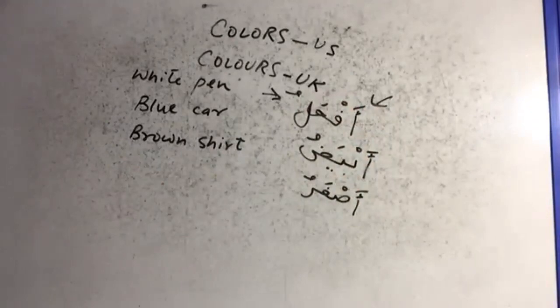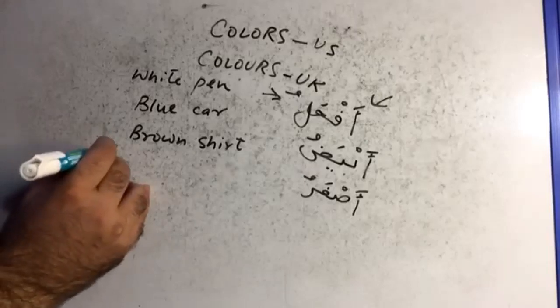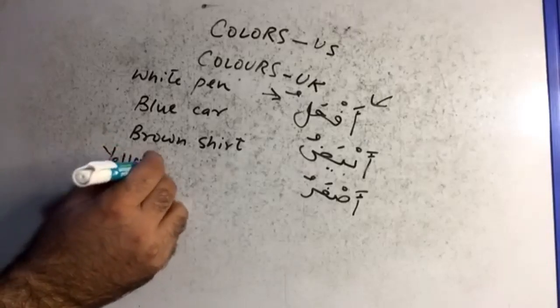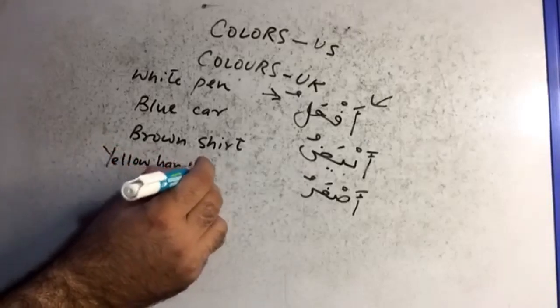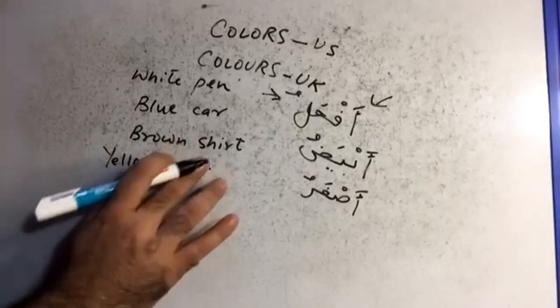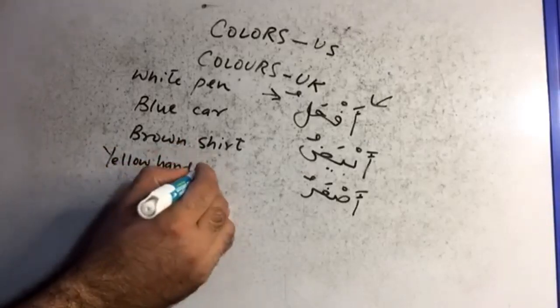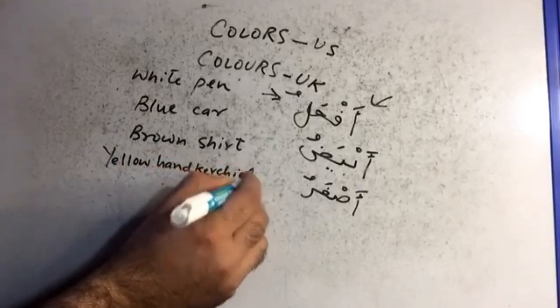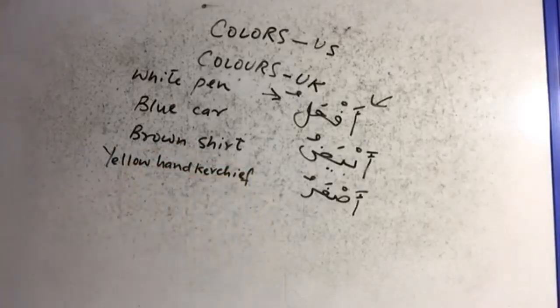So if I have to say yellow handkerchief, yellow rumal, handkerchief is a noun, so this will come first.